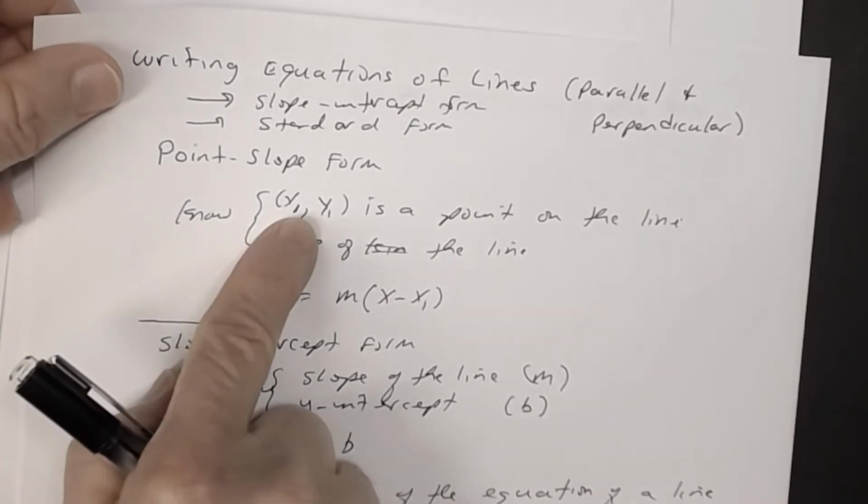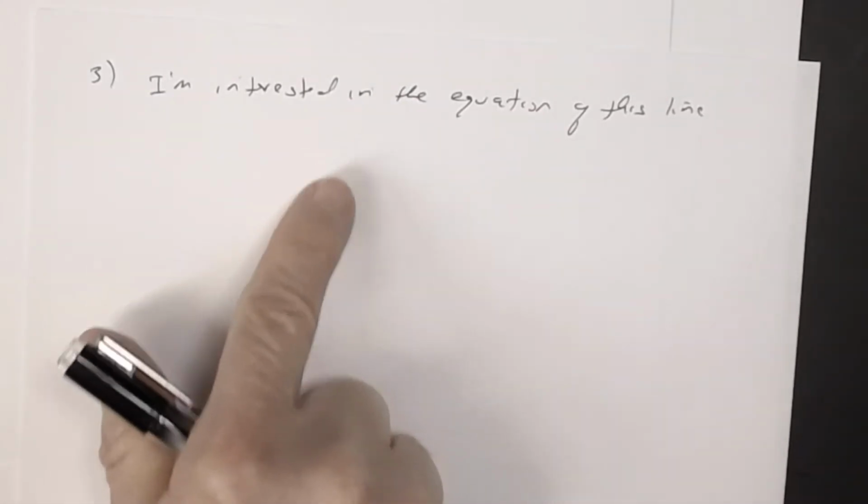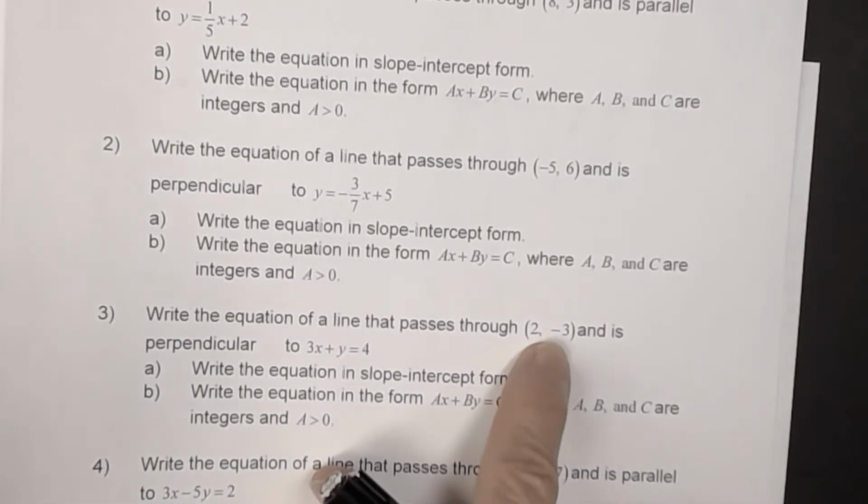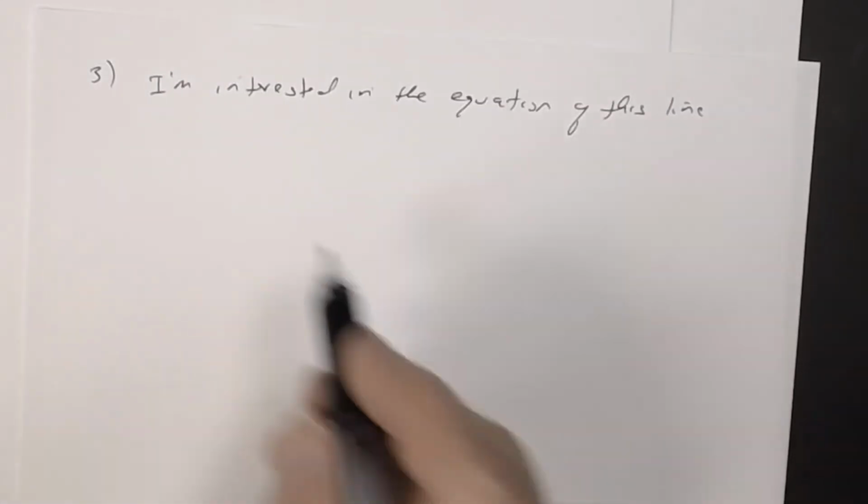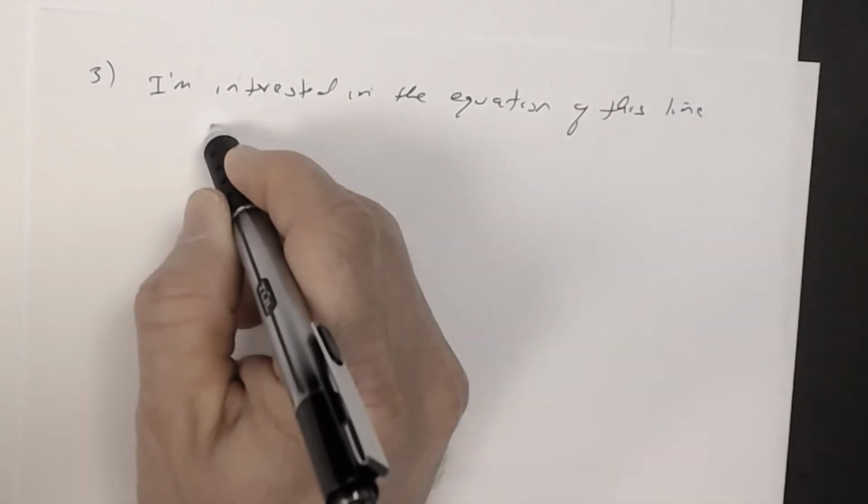And in order to write the equation of the line I'm interested in, remember we're going to use point-slope form. And in order to use point-slope form, I've got to know a point on that line and the slope of that line. Well, I know the point on that line. What's the point on that line? Well, you're told it passes through the point, the ordered pair 2, negative 3. Okay, so I know a point on that line.